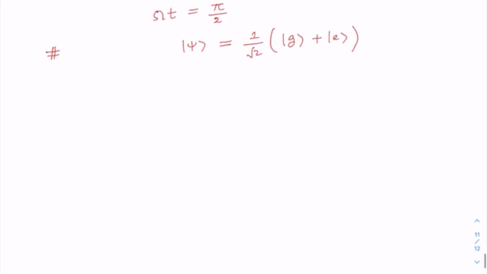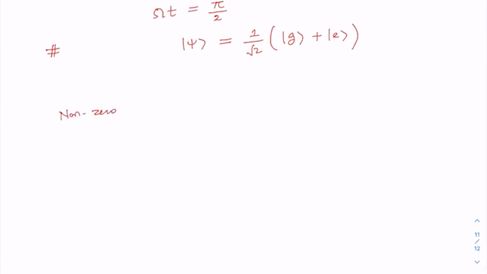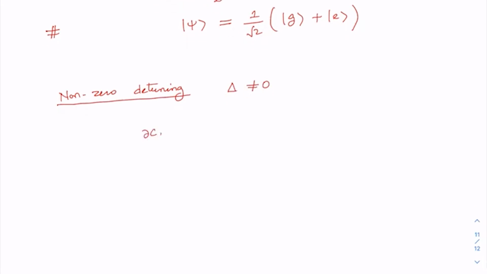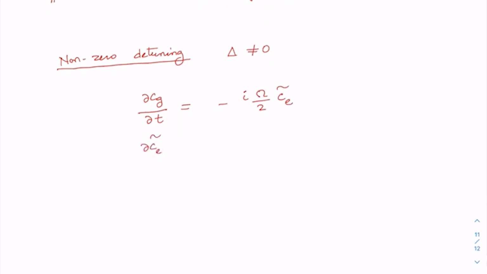In the case of non-zero detuning, that is when delta is not equal to 0, that means the laser field is not in resonance with the atomic transition frequency, we need to solve the coupled equations: del Cg by del t is equal to minus i omega by 2 Ce tilde, and del Ce tilde by del t is equal to i delta Ce tilde minus i omega by 2 Cg.